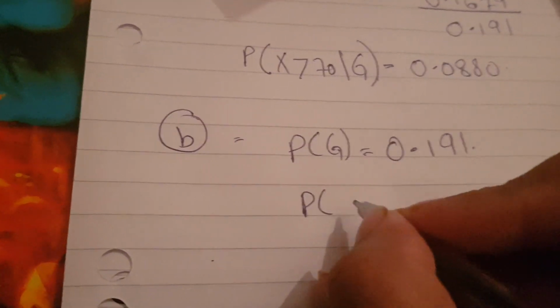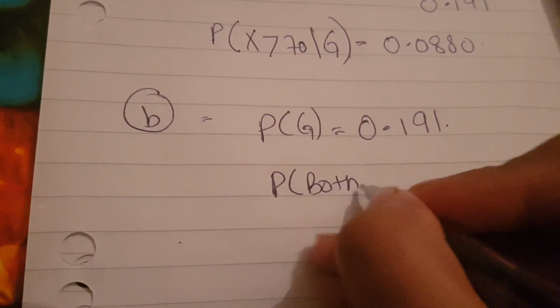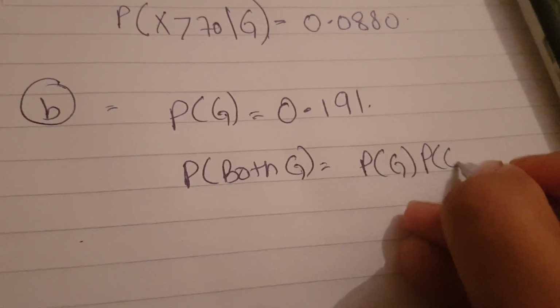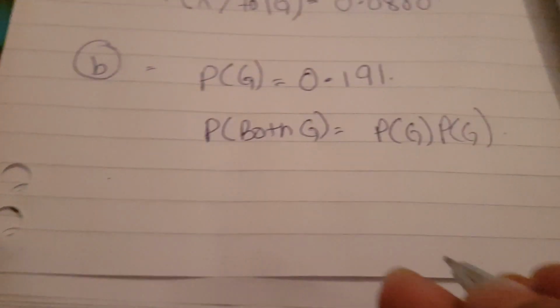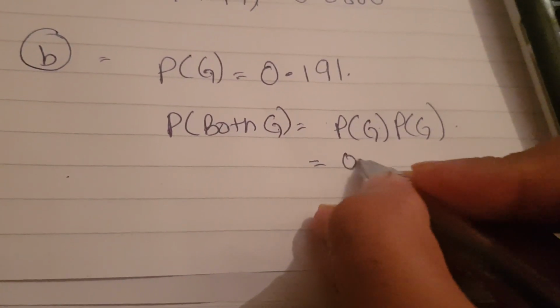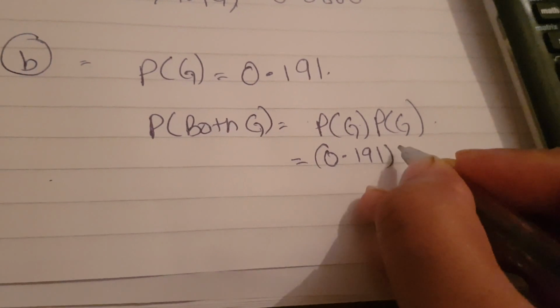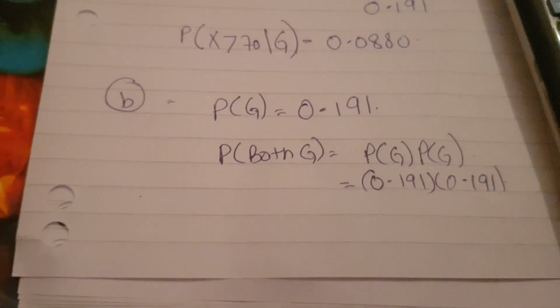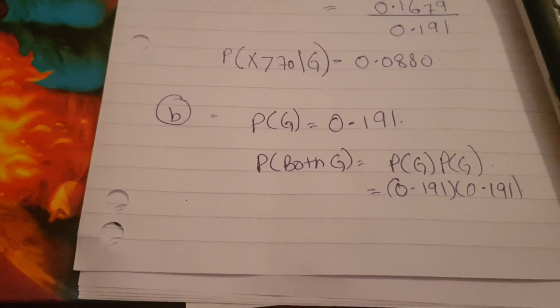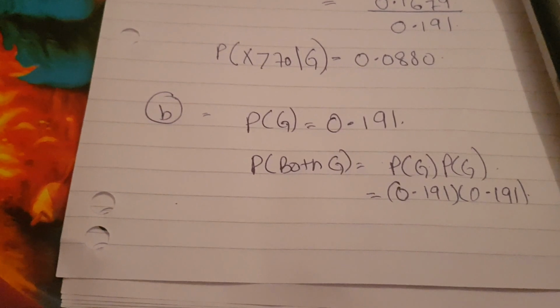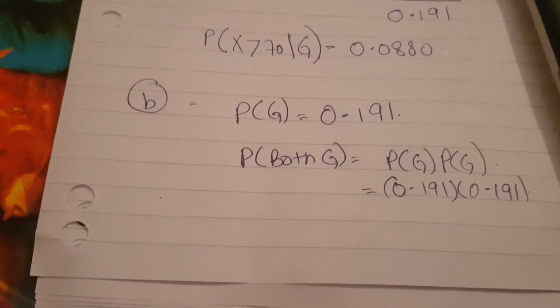So the probability of both giants will be equal to the probability of giant multiplied by the probability of giant, which is 0.191 multiplied by 0.191. If it was 3 giant trees, you would have 0.191 multiplied by 0.191 multiplied by 0.191, or you can say 0.191 whole cube.